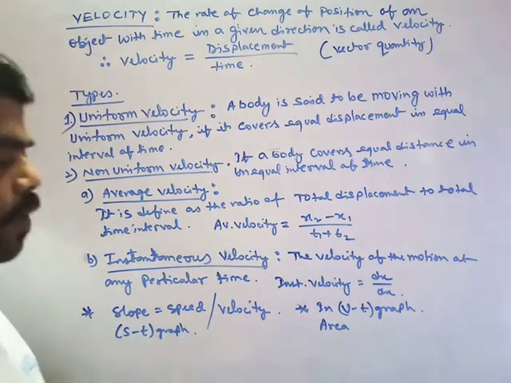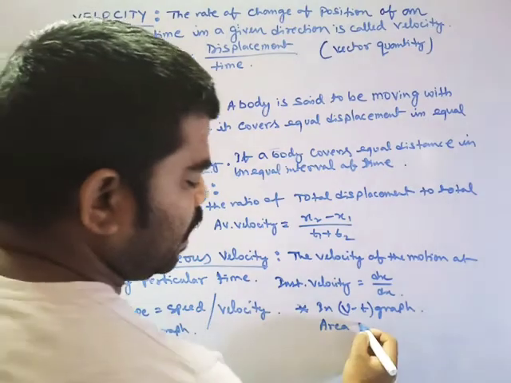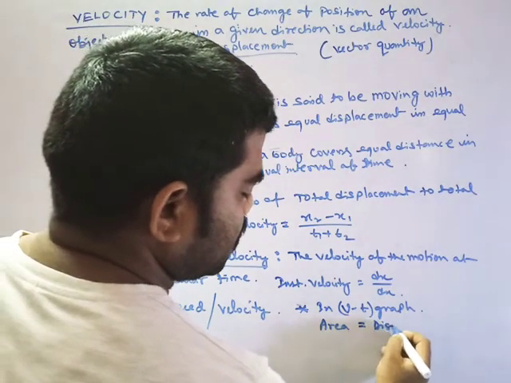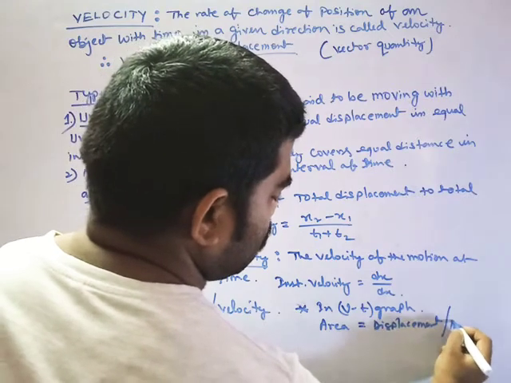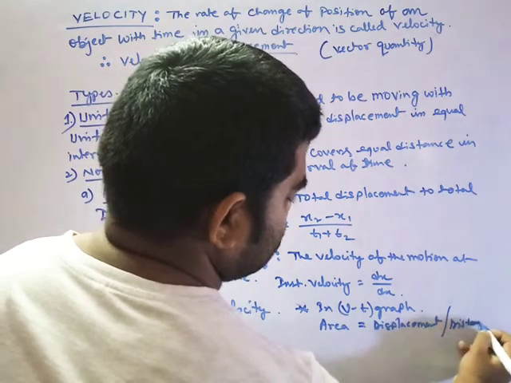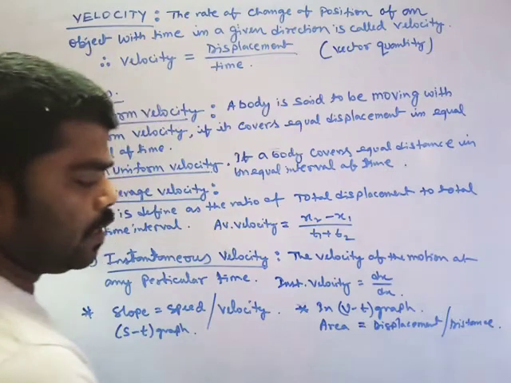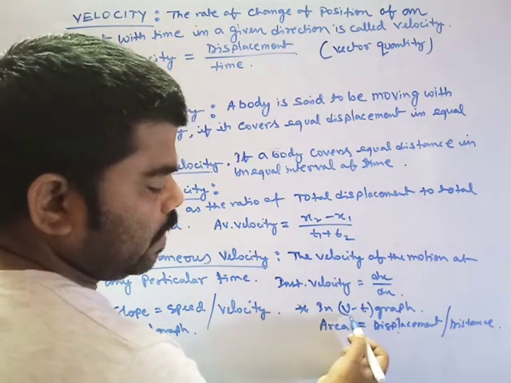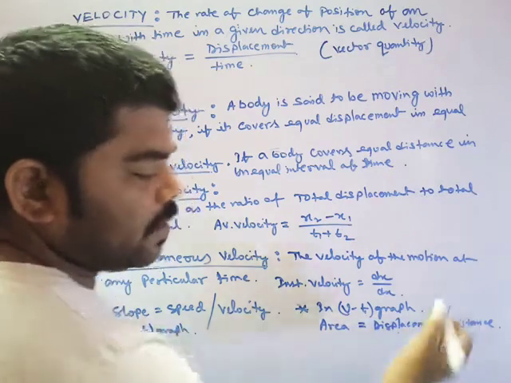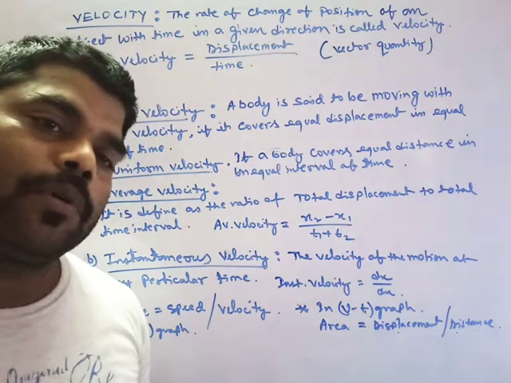Whereas in the velocity and time graph, area will provide what? Displacement or distance. So if it is a velocity-time graph, I will get displacement. If it is a speed-time graph, I will get distance. This is the importance. Clear?